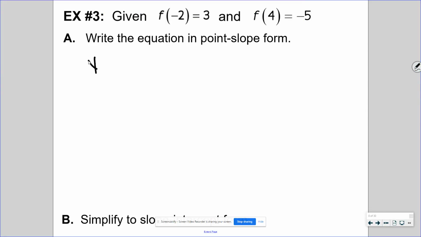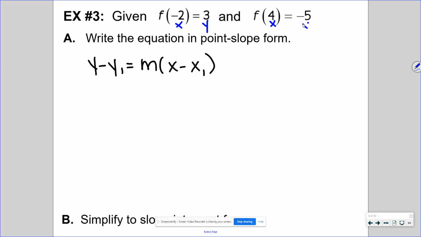I'm going to write the formula up here one more time in case you are not familiar with it. But point slope is a form of equation that we can use whenever we know the slope and we know a point on the line. So if I know the slope and I know a point, I can use this setup. I don't know either yet. Actually, I do know a point, but I don't know the slope.